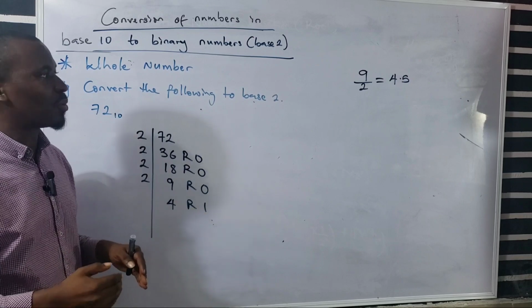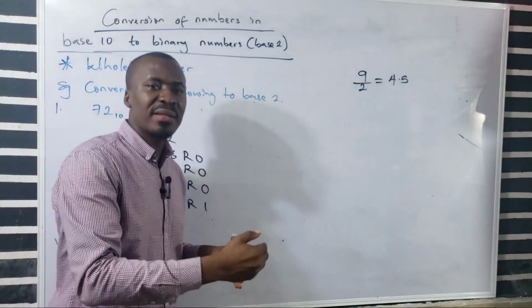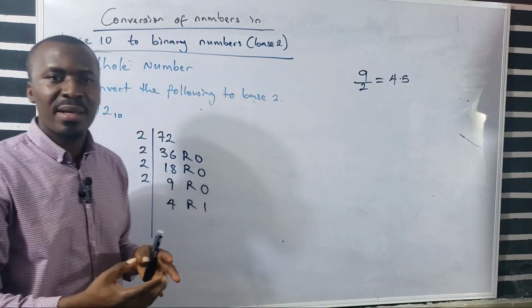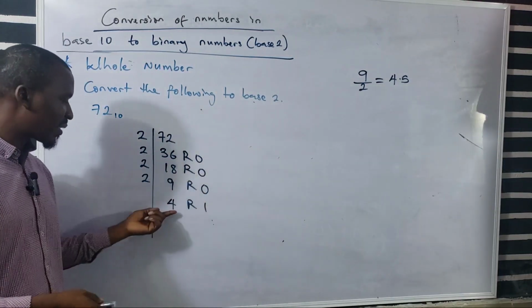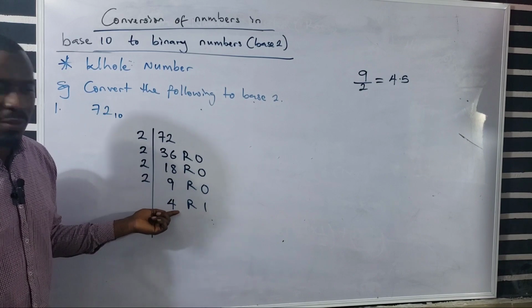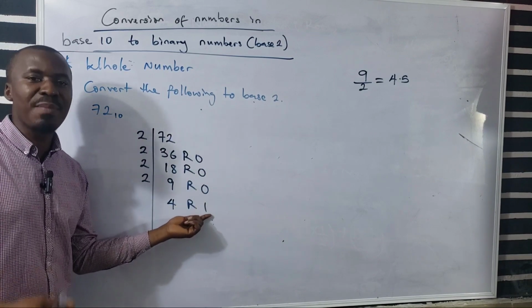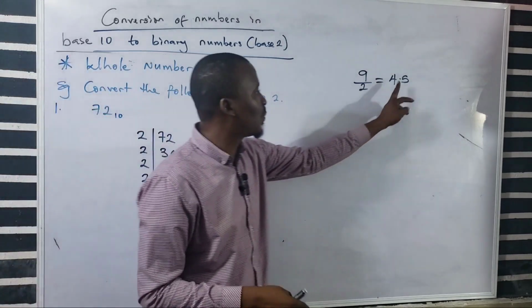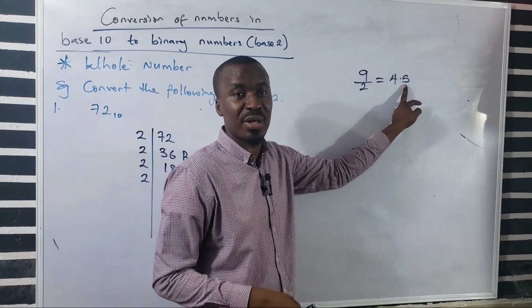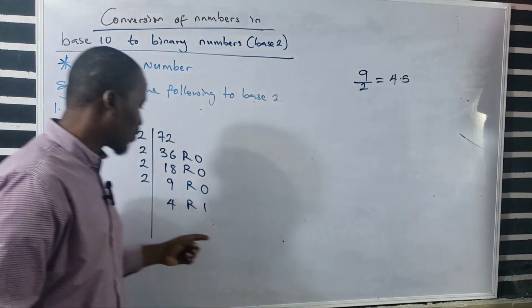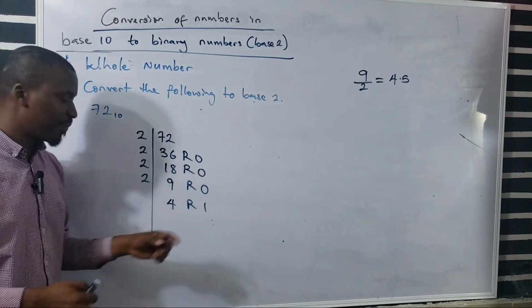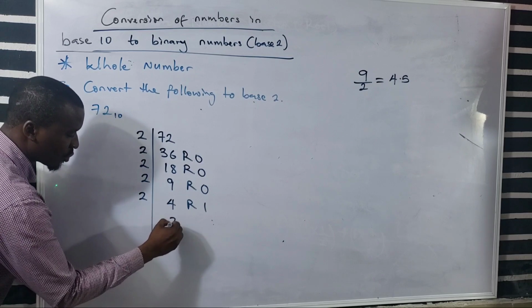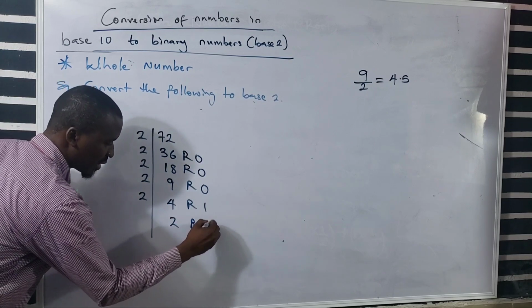We are asking, when you keep bringing out 2 from 9, how many 2s will you get? You get 4 of 2s. Then you now have a remainder of 1. That one is what is being translated if you are talking about decimal, but we're not trying to put it in decimal. Okay, so 2 again, you will now have 2, remainder 0.